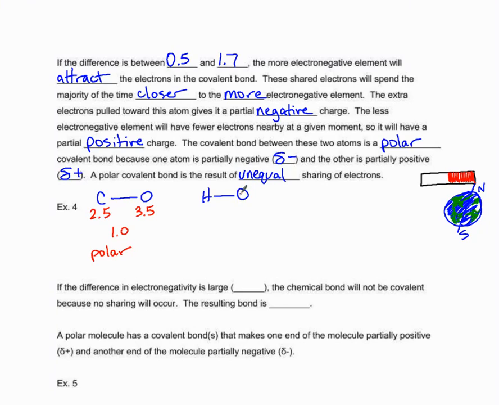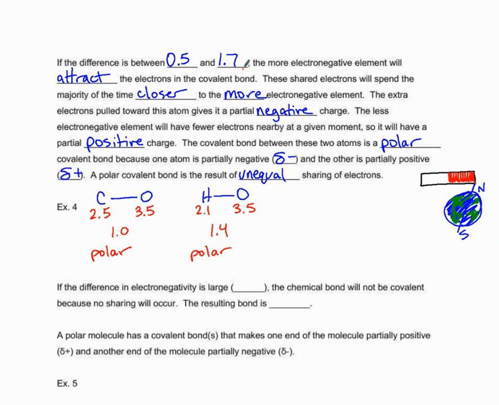Here's a covalent bond between a hydrogen atom and an oxygen atom. Hydrogen, from the previous page, is 2.1, and oxygen is 3.5. And the difference between these two numbers is really quite large, 1.4, which puts it really towards the upper range of being polar.